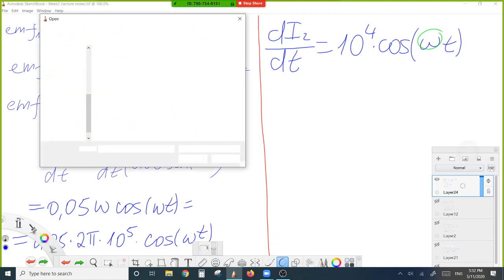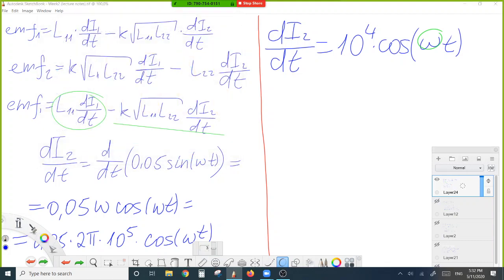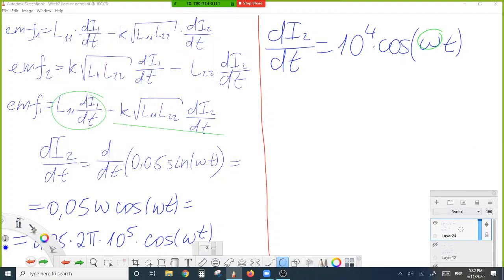We get electric motive force 1 is equal to, first, L11 di1 dt.